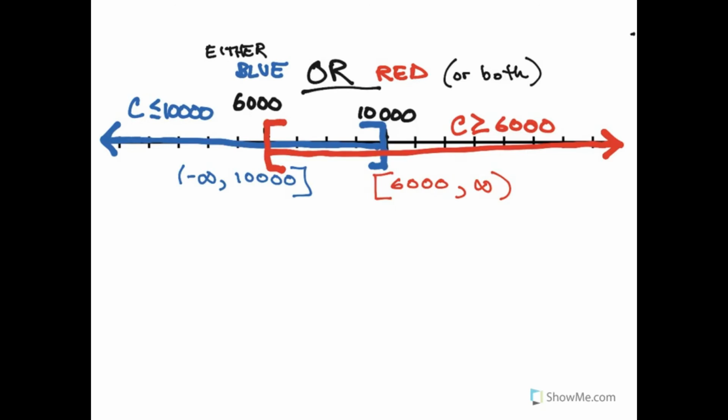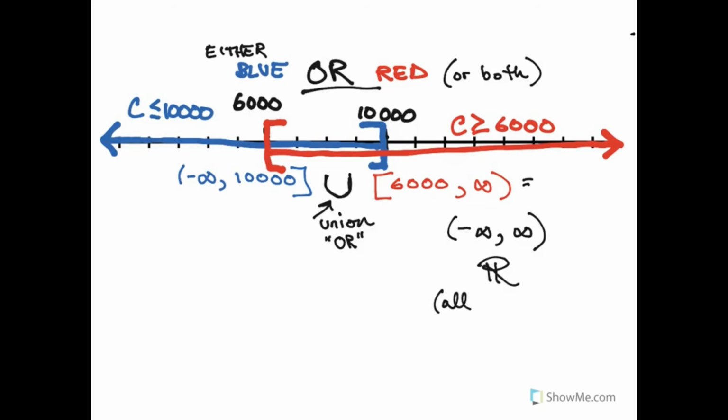The OR symbol is the union, a U facing up, and the answer is the entire number line. So you can either write from minus infinity to infinity as an interval, or you can write a fancy R, which means all real numbers. All real numbers are solutions to the compound inequality that combines these two inequalities with OR.